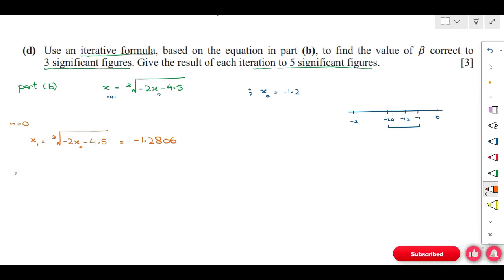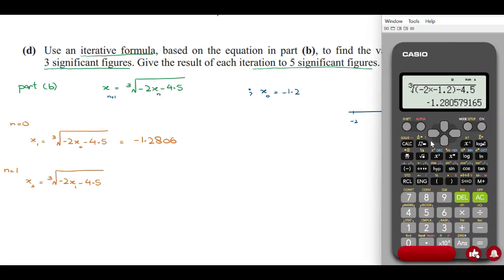The second iteration, when you put n equals 1, 1 plus 1, x2, this should be the cube root of minus 2x1 minus 4.5, and this is the value of x1. Let me use this value of x1, which is minus 1.2806.